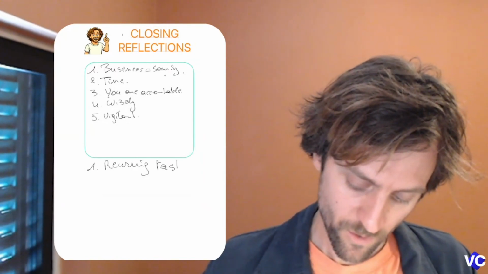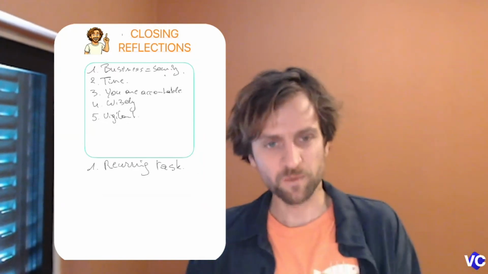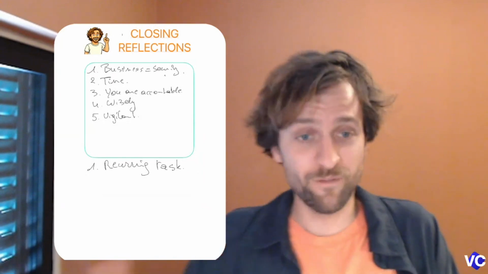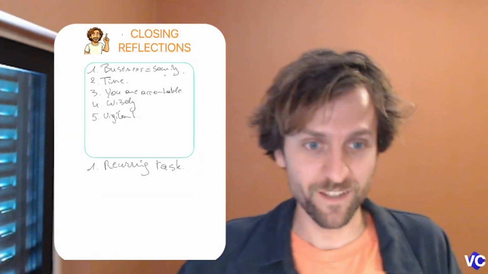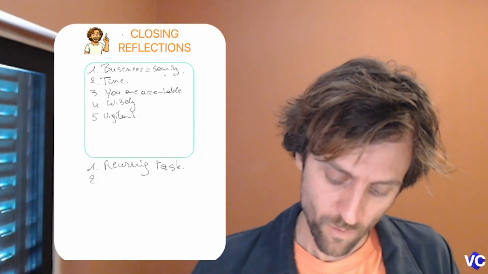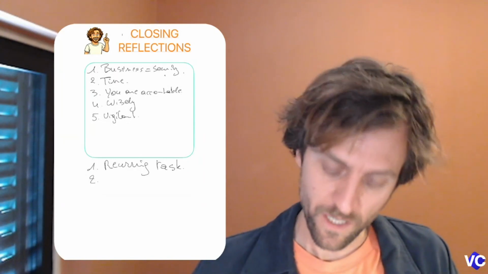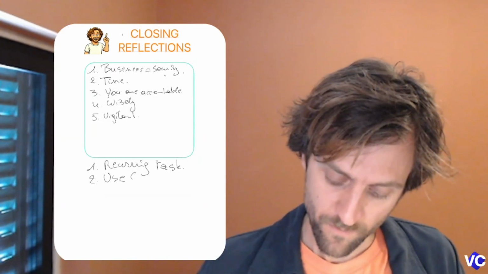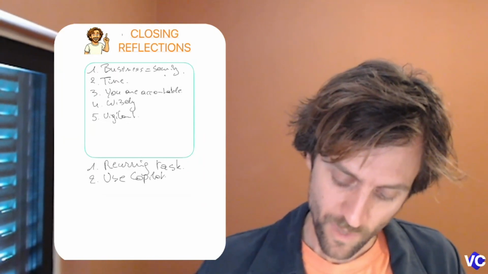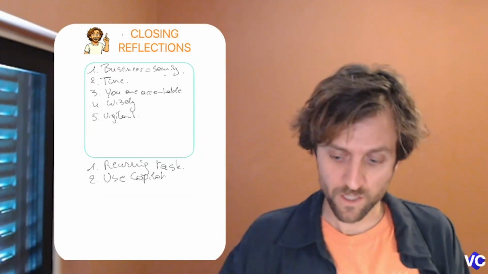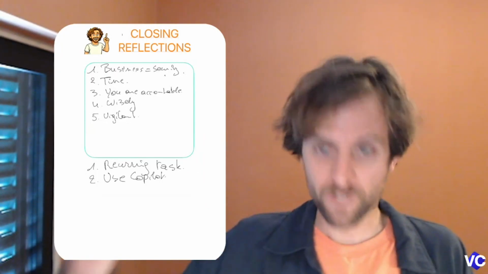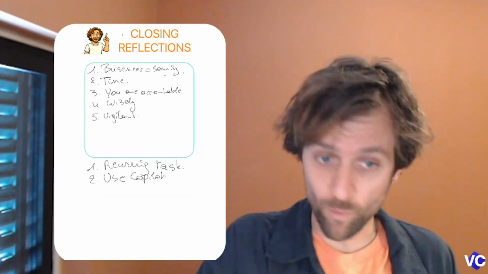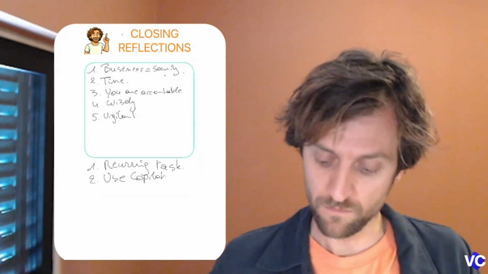Check what you are doing, and you think, okay, this comes back once a week, maybe every day, like the executive brief. What you can then do is try to use Copilot to improve it, right? Try some prompts to improve that task, to make it faster, to make it more efficient, to get better input, better output, depending on what you need to do, all right?